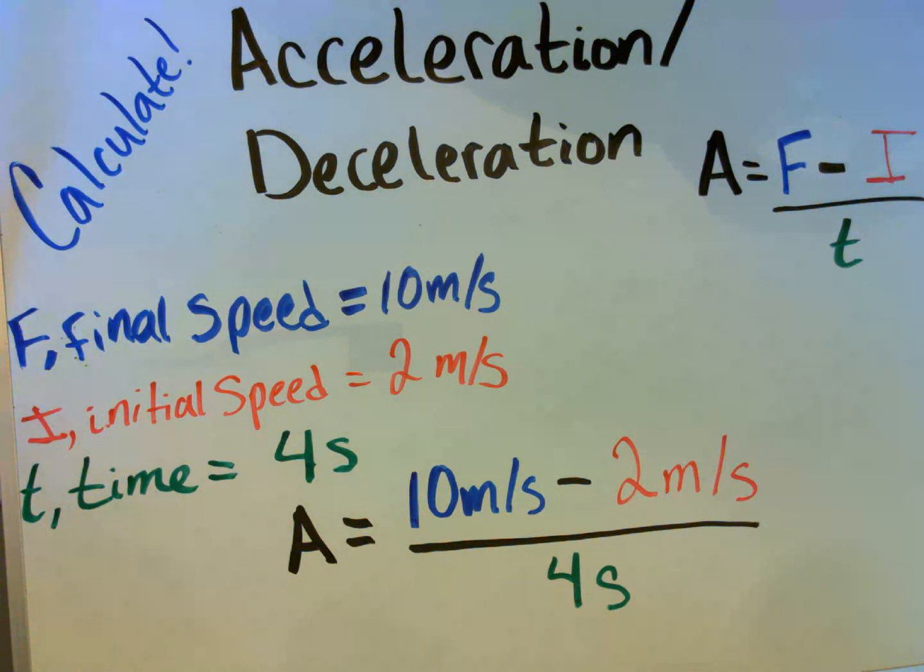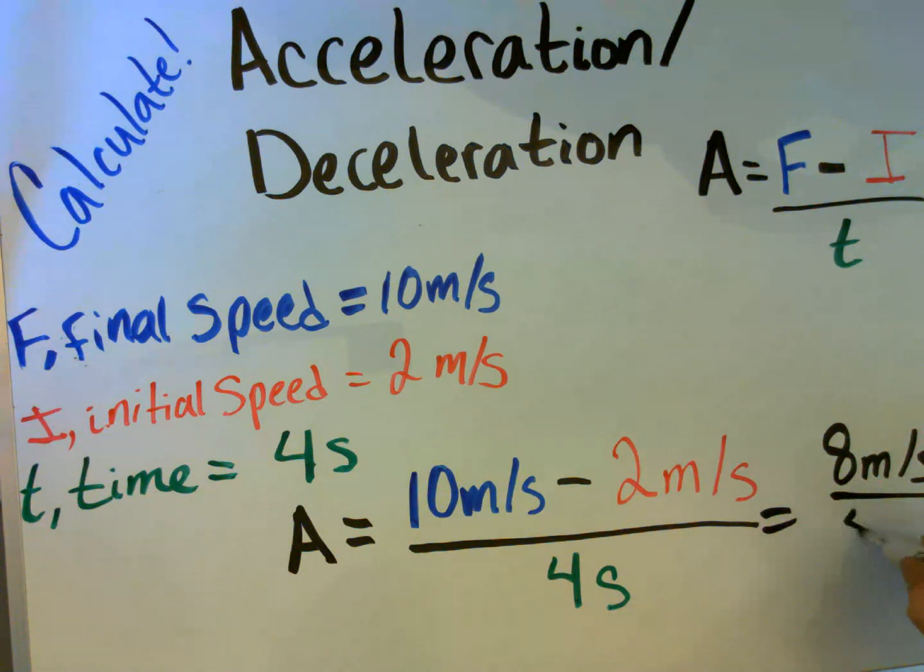All right, so you're back. How did you do? Were you able to say that 10 minus 2 meters per second equals 8 meters per second, all divided by 4 seconds?